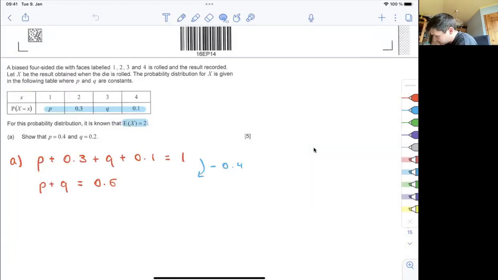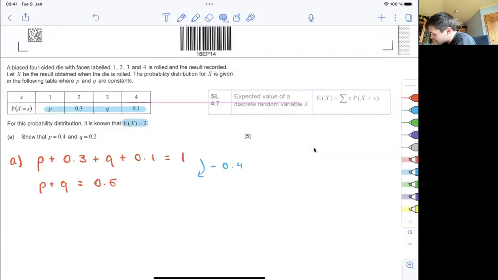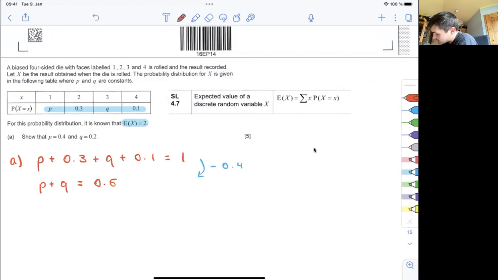This bit states that E(X) is equal to the sum of x, little x, which is this line up here, multiplied by the probability of that given x value occurring. That's what the sigma sign means.